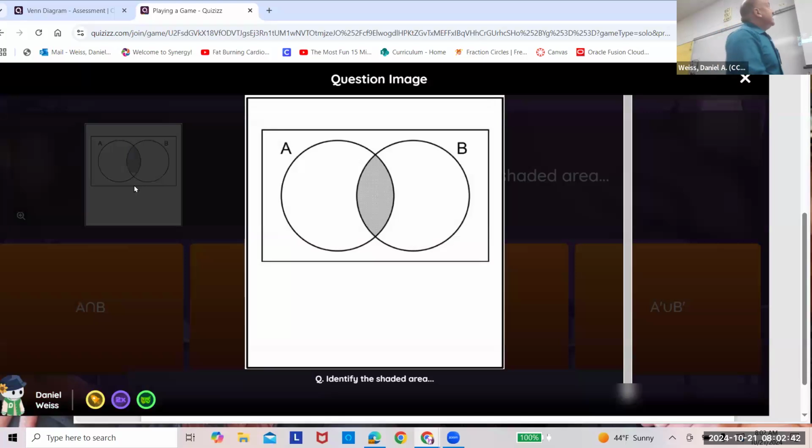So looking at this is where A and B intersect.